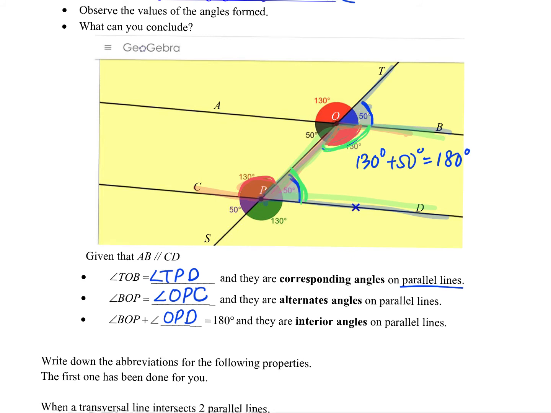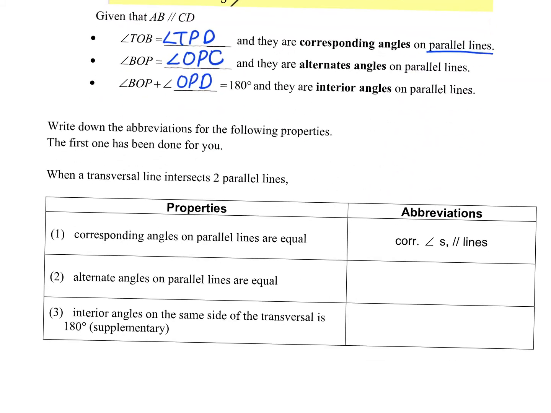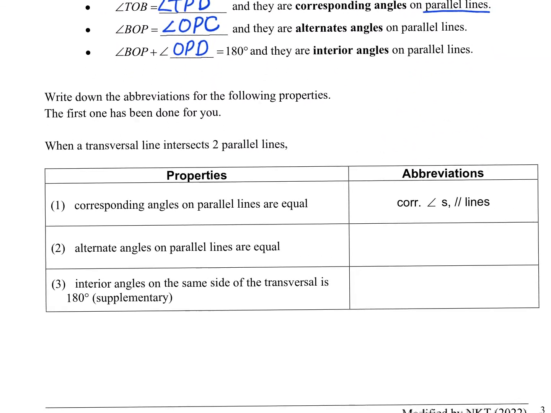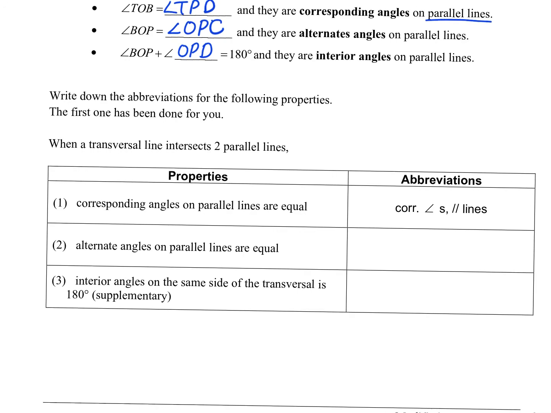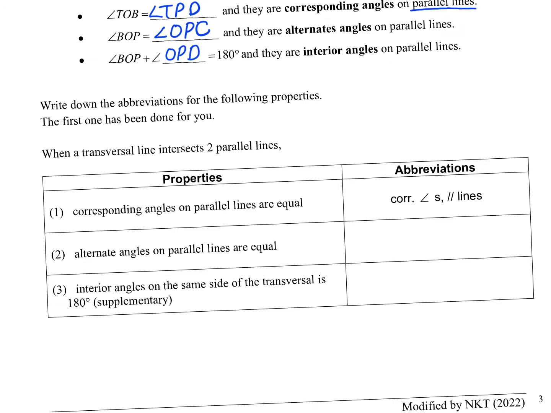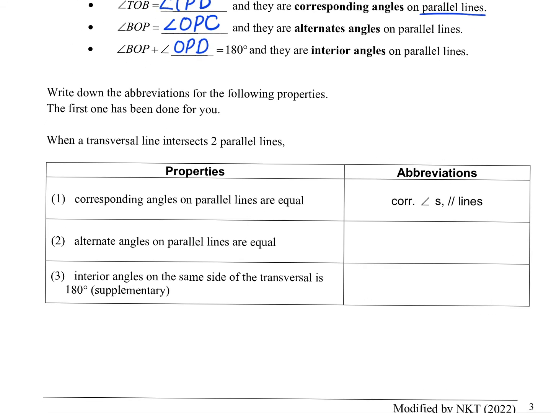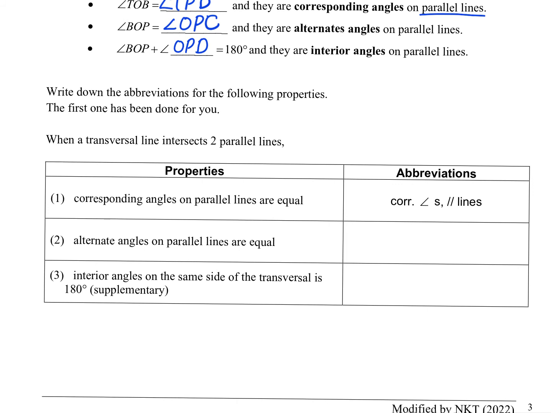Right, with that we can summarize some of the following properties, and each of the different angle properties comes with an abbreviation that you can use for your writing and presentation when you write the reasons. The first property, corresponding angles on parallel lines. First condition, they must be parallel lines, and if you have corresponding angles, they will always be equal to each other.